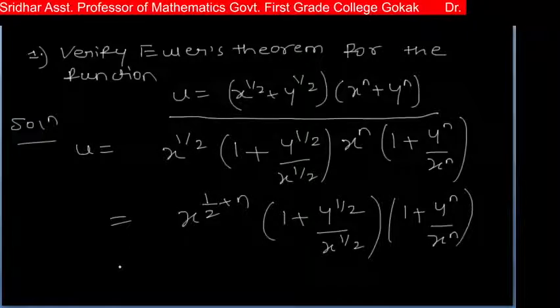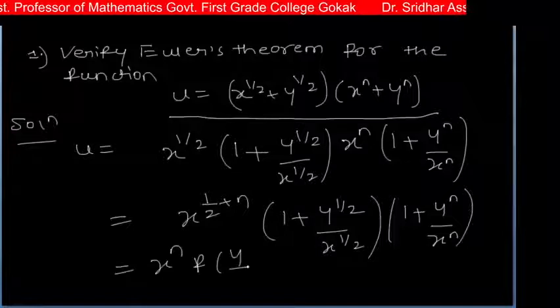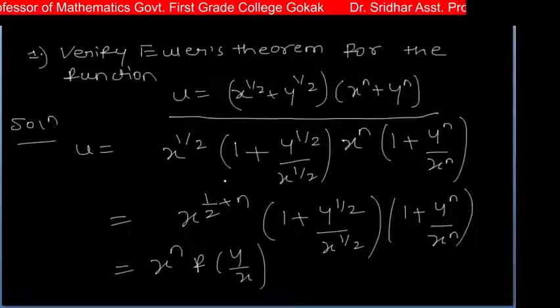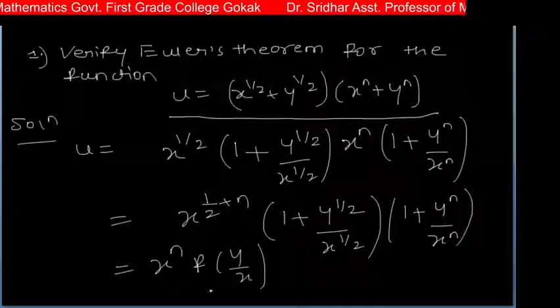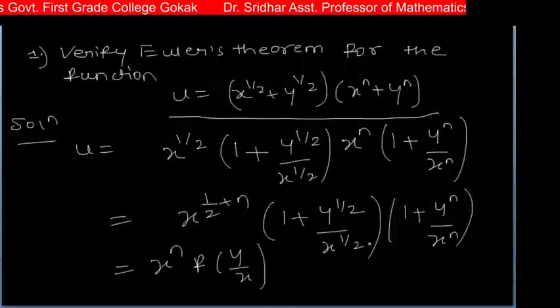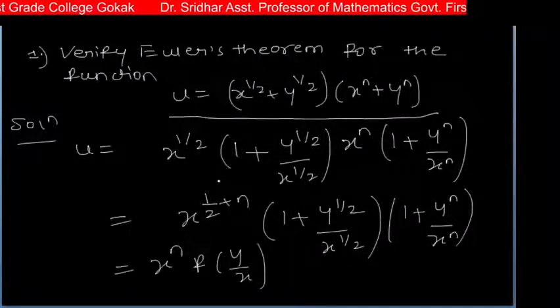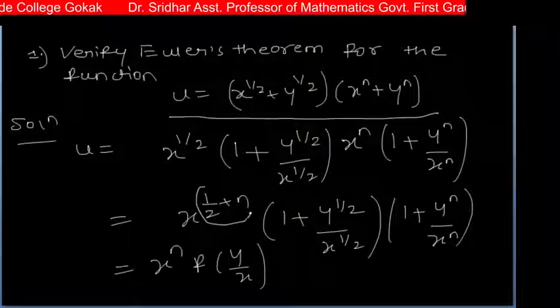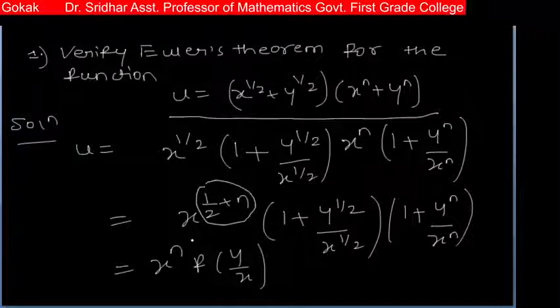So now it is of the form x raised to n into f of y by x. This function can be written in this form, this is our function of y by x, which means this is the degree of the homogeneous function.